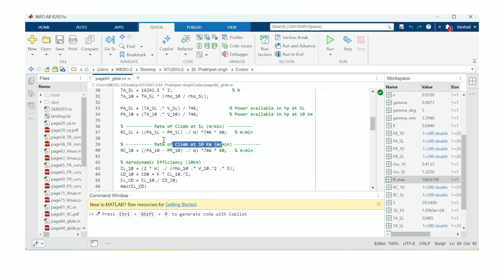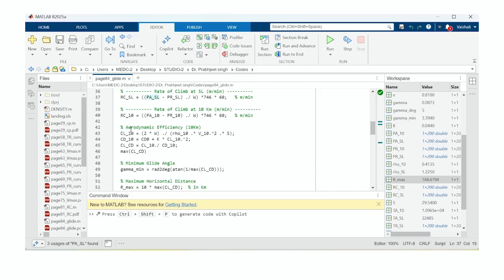Now what I did next was add the aerodynamic efficiency at 10 kilometers. As I discussed, here I have written CL at 10 kilometers as 2W by rho V square S, where rho 10 is the density at 10 kilometers and velocity is the velocity at 10 kilometers. CD at 10 is CD naught plus K CL square.